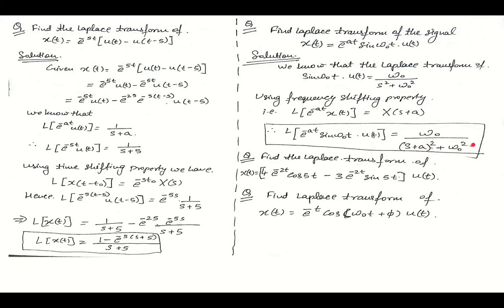The thing to remember over here is that we are going to put s plus a only with the value of s. We are not going to take into consideration the other value, that is omega naught. So if there is any frequency shift, it will be with s plus a.